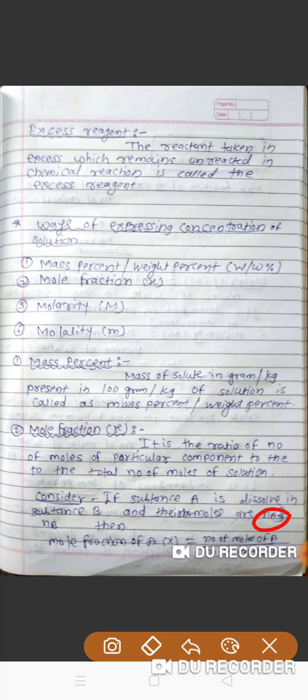Total number of moles of solution is Na plus Nb, because we have two components, substance A and substance B. And the number of moles of A is Na. So the mole fraction of A is Na divided by Na plus Nb. Okay.